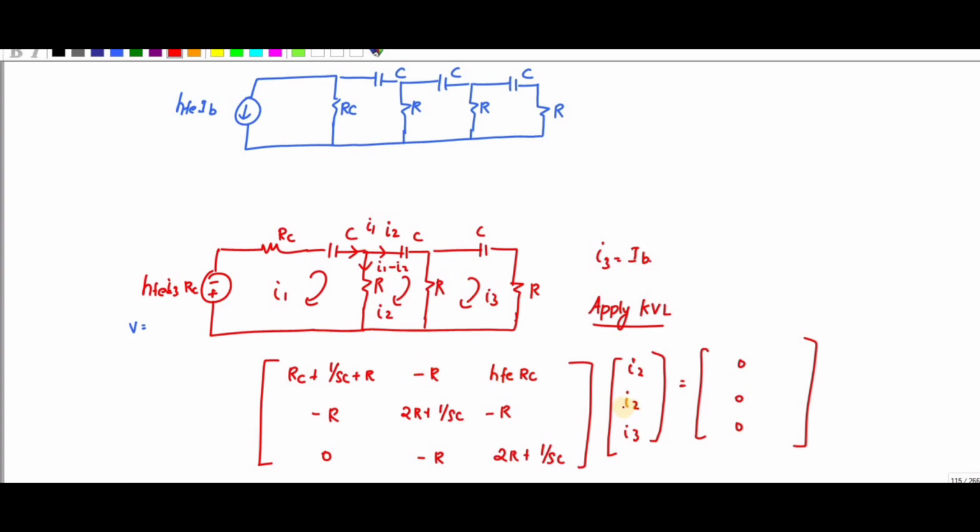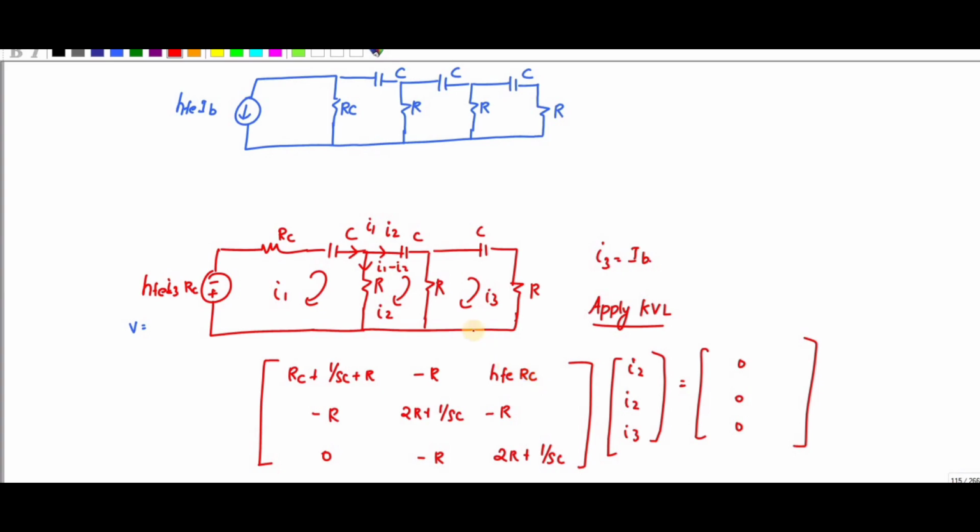Likewise, for I3 I have to write HFE RC. This should be a minus, but since it is minus plus, that will be cancelled out. So you have HFE RC.